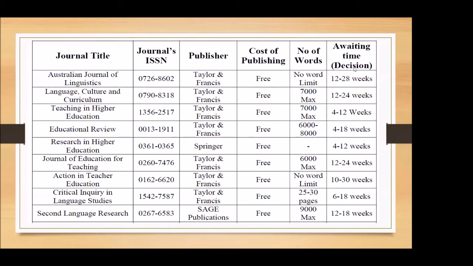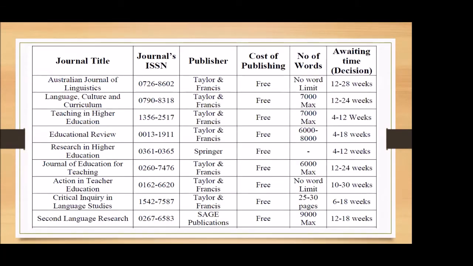Also, the final thing to think about is the waiting time. Each journal has a waiting time for a decision. As you can see here, it's a very long time.